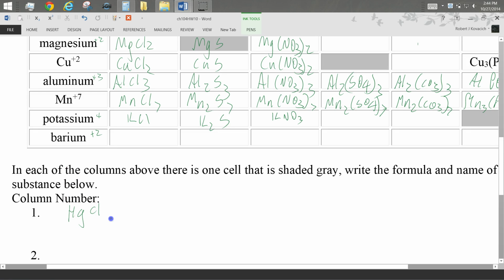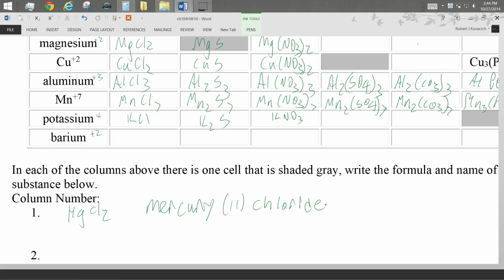Because mercury can have a variable oxidation state, you have to specify what the oxidation state is. And so in this case, the mercury is going to have a 2 charge. And then that lets the person know that you're not talking about, say, mercury 1.